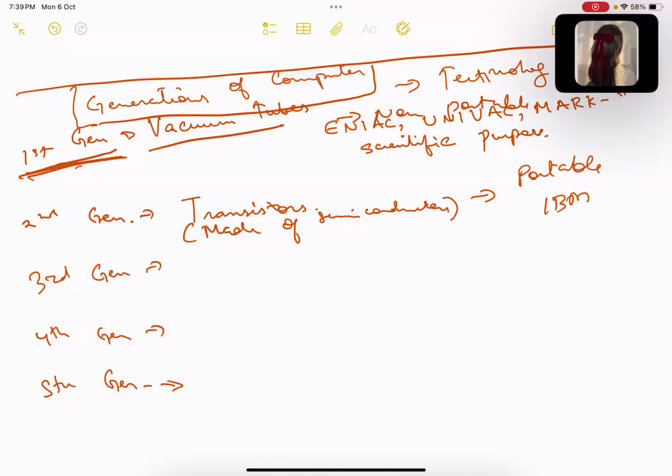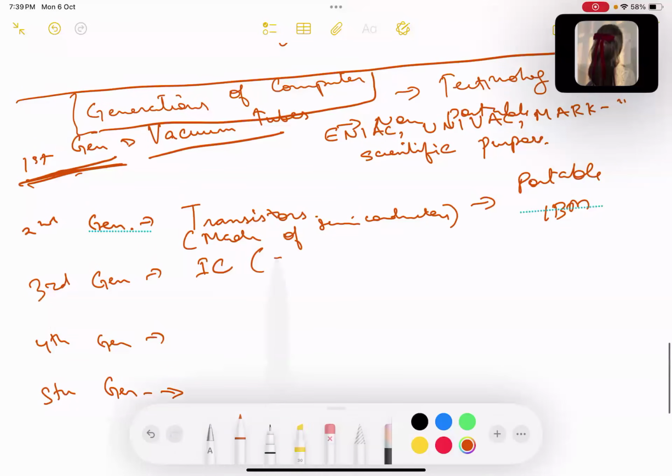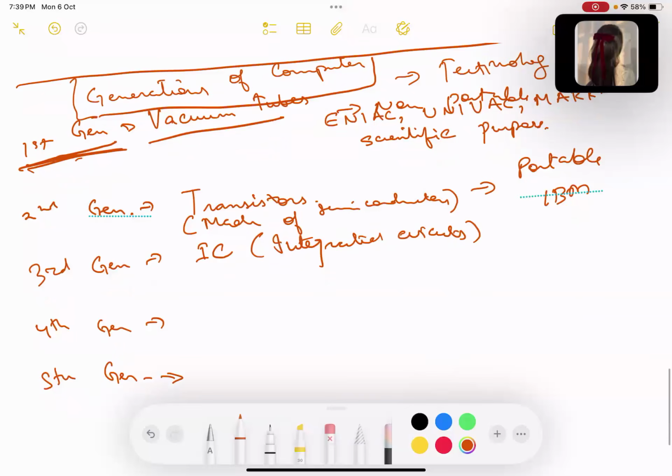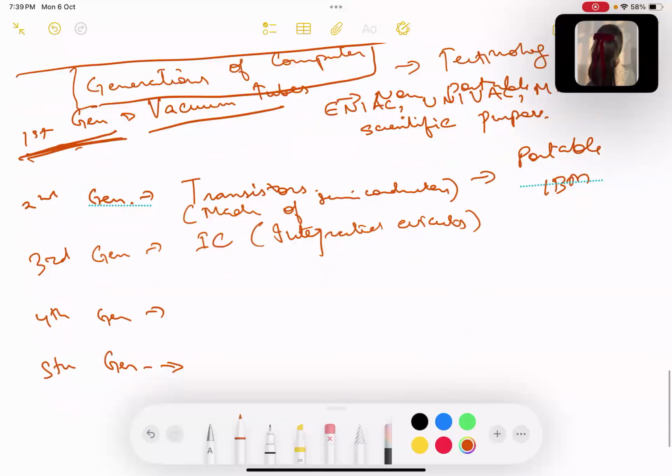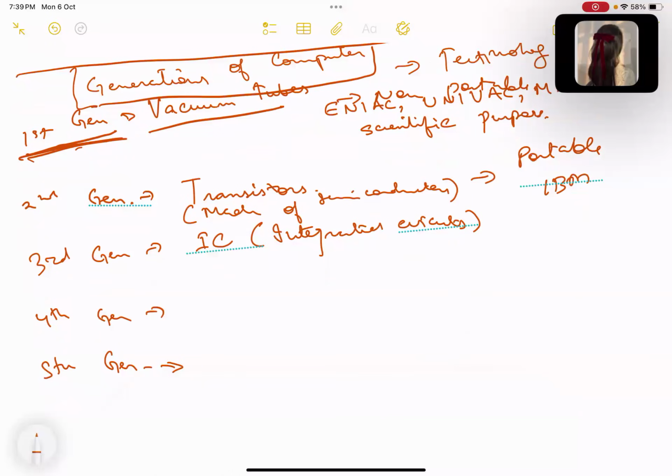Now, the third generation of computer, we have what is known as the integrated circuits, right? So in the fourth generation, we have the integrated circuits.